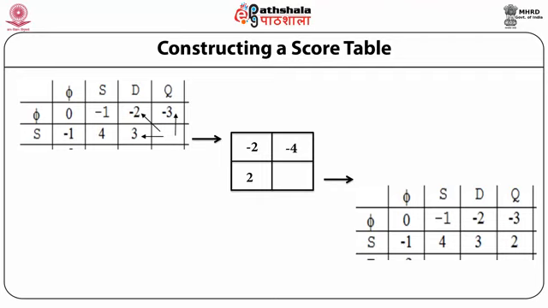Now we have the 3 numbers arrived at for the current cell, 2, -2 and -4 from left, diagonally upper left and upper cell respectively. We'll select the maximum number out of these 3 and place it in the cell under consideration. Since 2 is the maximum in these three numbers, we put a 2 in the empty cell under consideration.